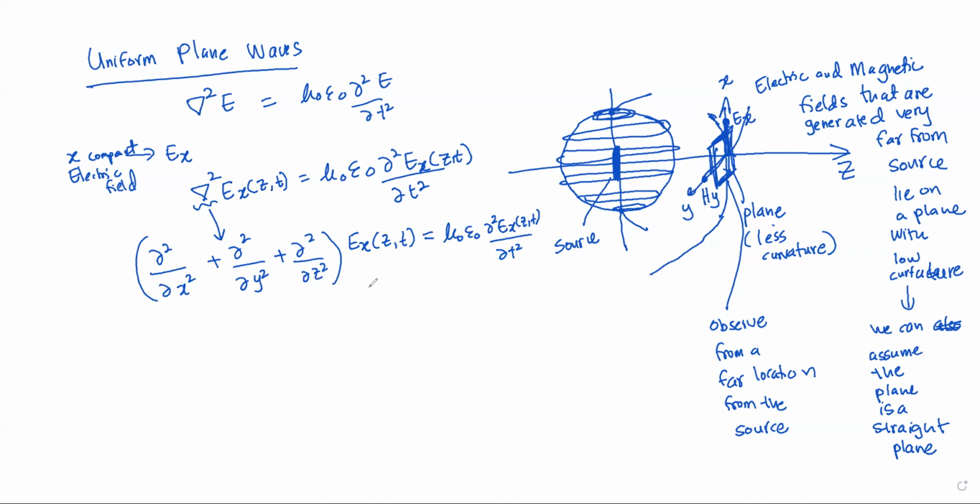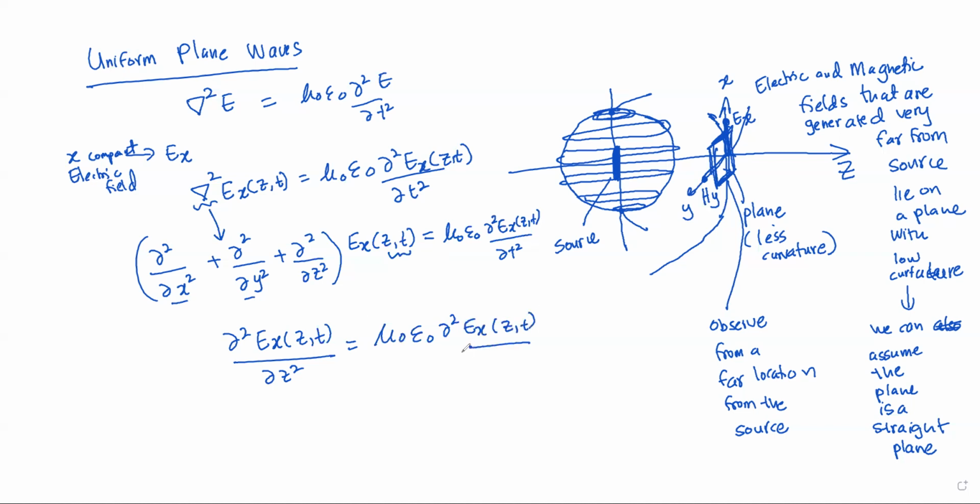Since I have the electric field function varying along z and t only, the differentiation with respect to x and y are going to be what? 0, right? So I have only the component remaining where the differentiation with respect to z is taken. Only this equation will remain, right?